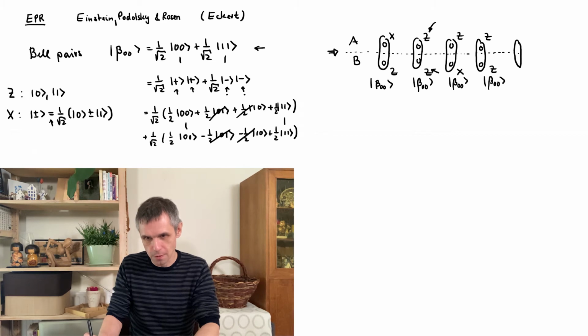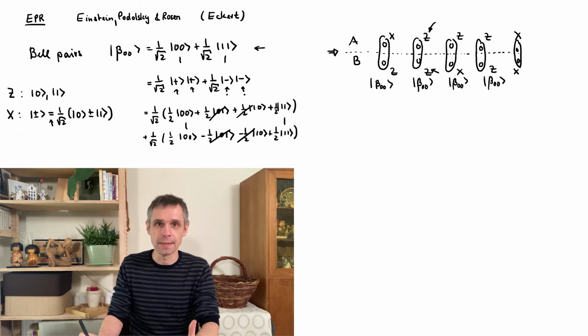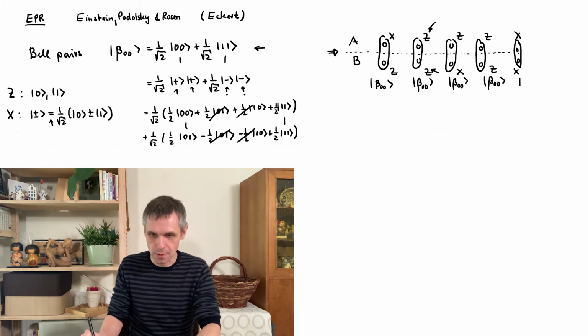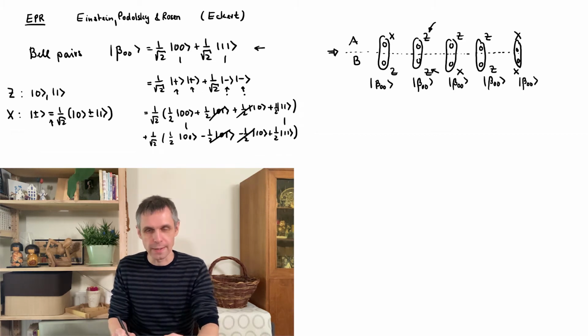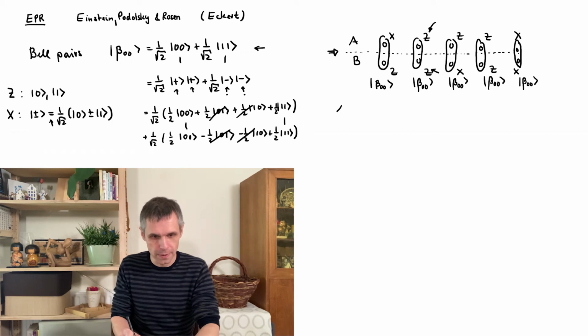So if they have 1 of these pairs actually measured in X, again the outcomes will be identical. And this is simply because this Bell pair here is a maximally entangled state, also in the measurement basis of X. So again, at the end, all that Alice and Bob need to do is to share some information, possibly in public, and this is now just the type of measurement that they have carried out.